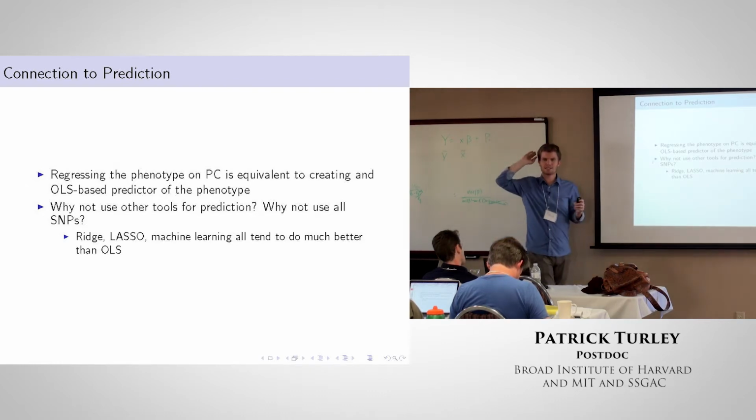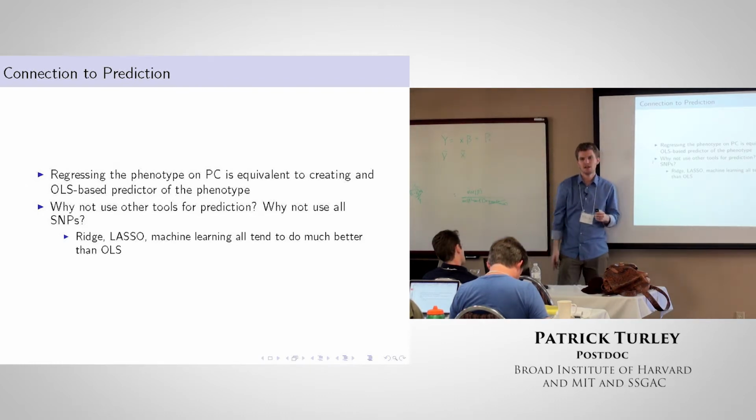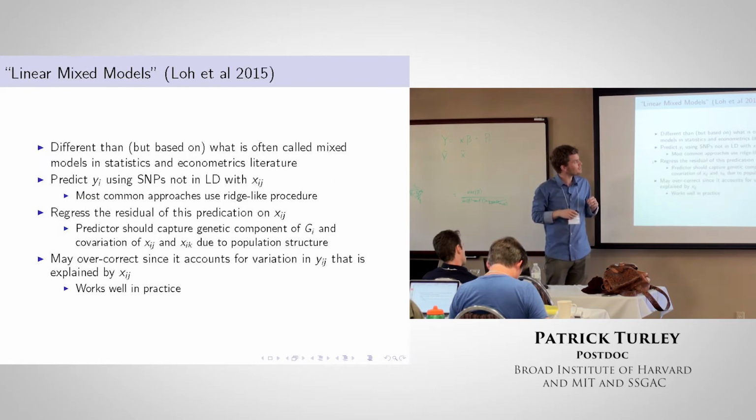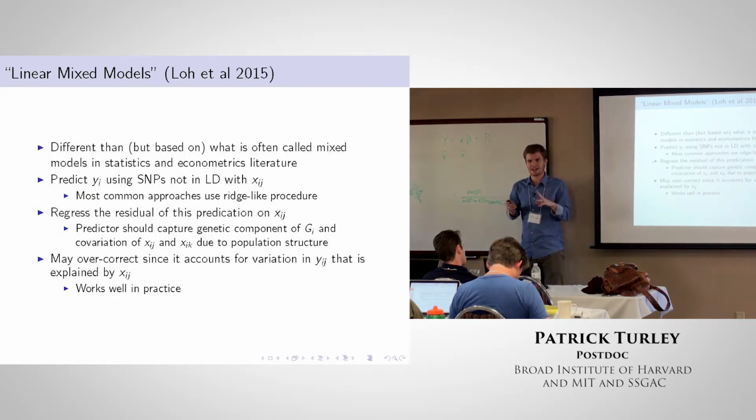And so we could then subtract out that predictor from the phenotype and hope that this removes all of the variation due to these ancestry things, because all of that variation was living in the predictor we made before with all of the SNPs. A procedure like that is what people in the genetics literature often call mixed linear models.